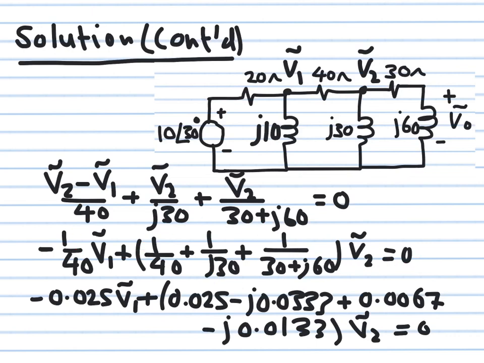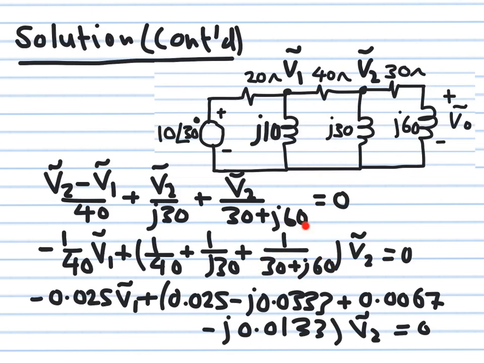1 over 40 becomes 0.025. 1 over j30 becomes minus j over 30, so it's minus j0.0333. 1 over 30 plus j60, you can simplify this term by multiplying with the conjugate. So what I can simply do here, I can simply multiply by the conjugate of the denominator.